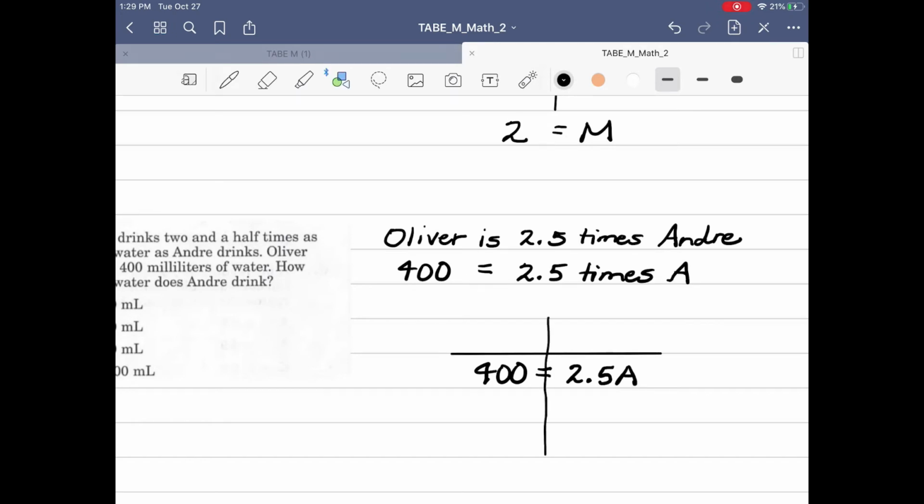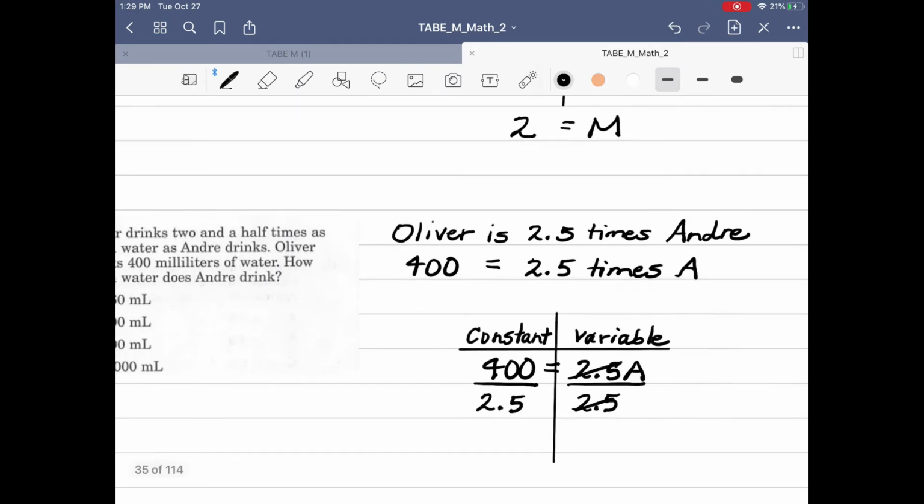I wish I had a calculator. Those of you who do are lucky. Here's the constant, and here Andre is the variable in this problem. So we're going to divide both sides by 2.5. You could do it as a fraction, but I prefer decimals usually.